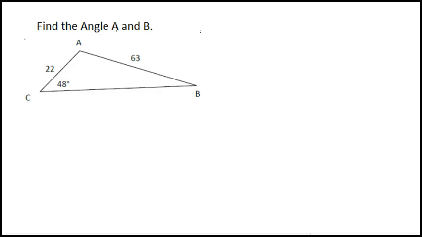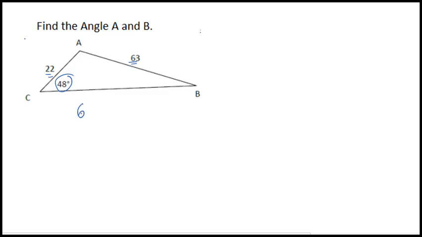Find angle A and B. You are given this angle, then these two sides. For this, 48 degrees is not an included angle. Therefore, we can use sine law. For sine law, remember corresponding side over corresponding angle.